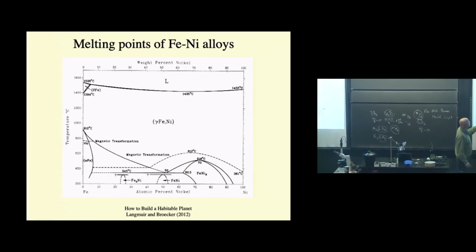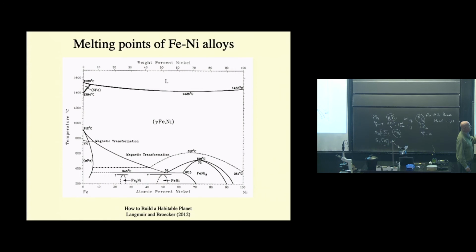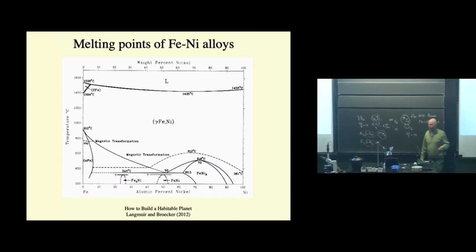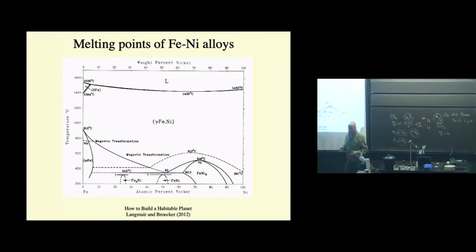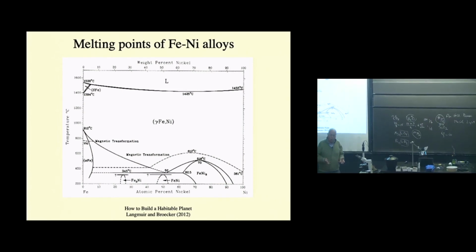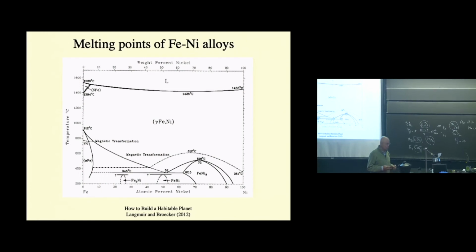This is temperature. We're up here at 1400 degrees, and this is all solids down here, and it transfers to a liquid at 1400 degrees. So the iron is much more refractory than CO2 is. And CO2 turns into a gas at room temperature, and water is a liquid at room temperature, so which one is more volatile? CO2 is more volatile.